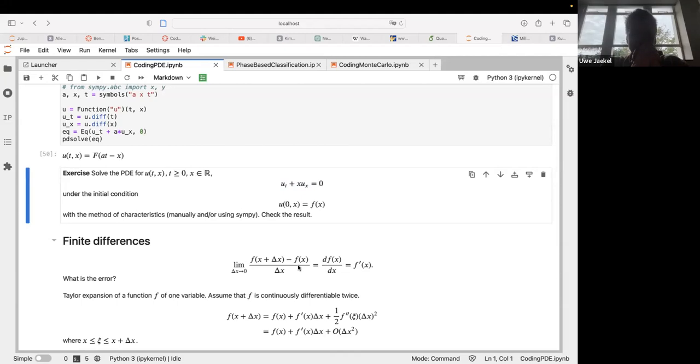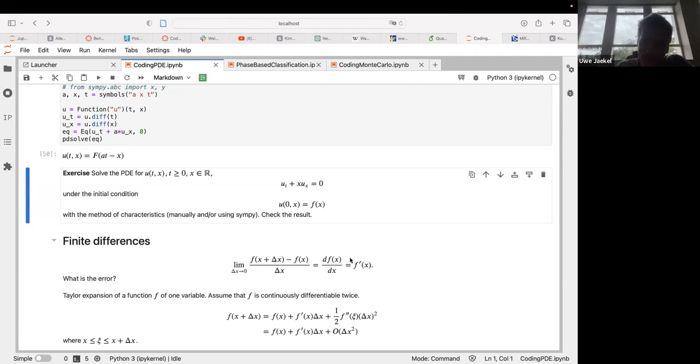And this is approximating differential equations with finite differences. So what we want to do is express our differential equations in terms of finite differences.